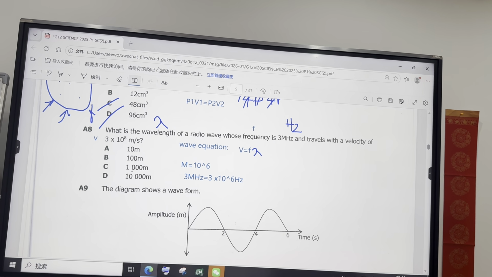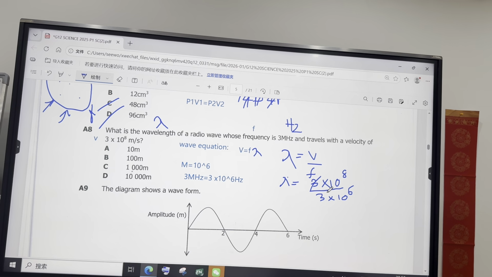So if we make wavelength the subject here, you will see that wavelength is equal to the velocity divided by the frequency. So our wavelength is equal to, the velocity is 3 times 10 to the power 8, divided by the frequency, 3 by 10 to the power 6.